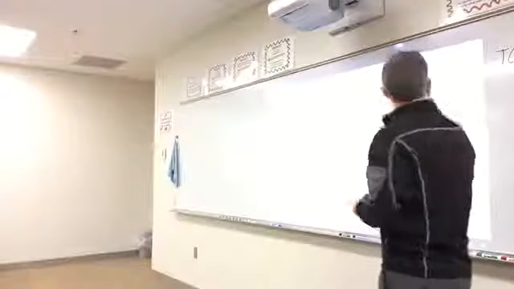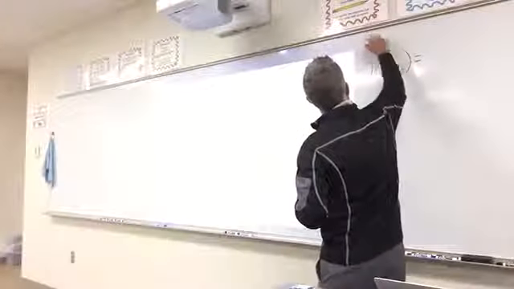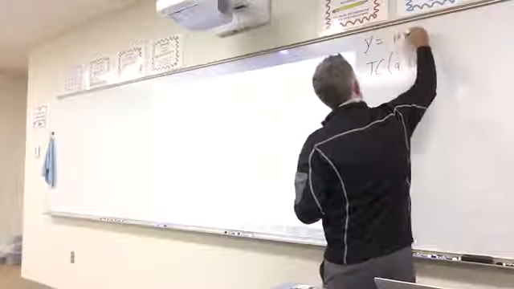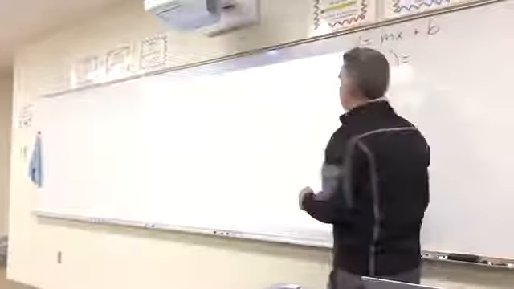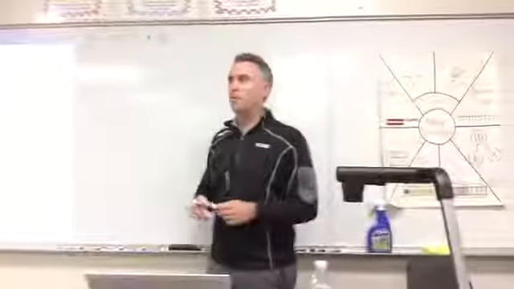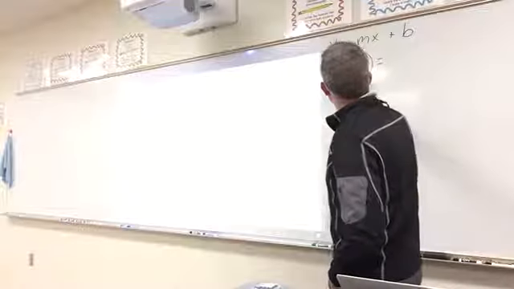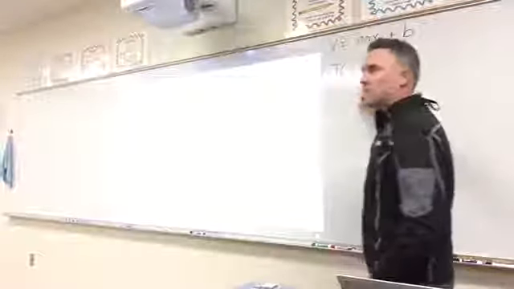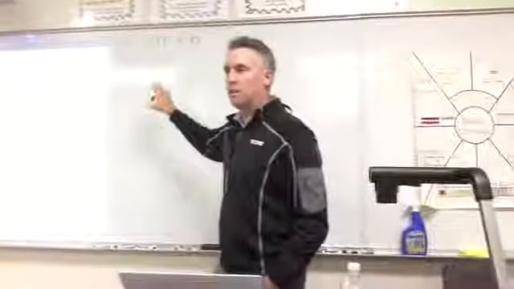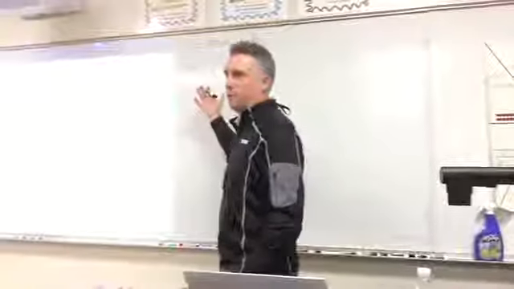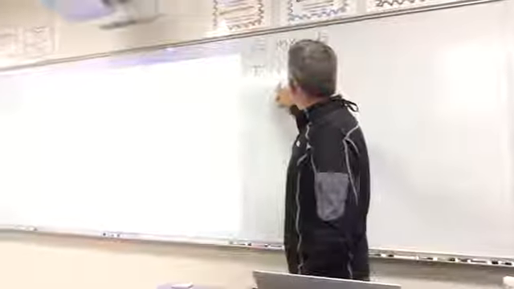If I think of this as y equals mx plus b, that's the form you're probably comfortable with. But if we're doing function notation, instead of y, we can call it TC of q, or f of x is a lot of times the letters we use, but they gave us TC and q for our variables here.